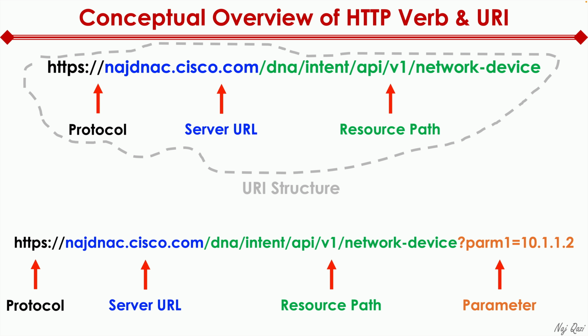It could be a set of parameters too, or just one parameter that we are passing through the URI against the API in order for us to be able to either read something or write something. And our SDN controller is able to understand the request and get us the information we're looking for.